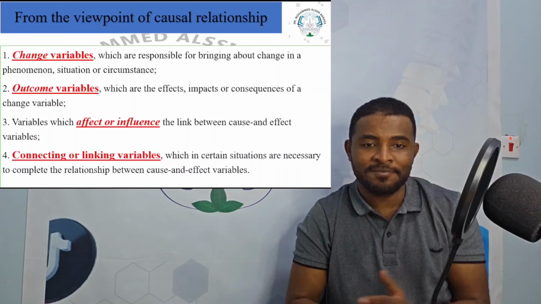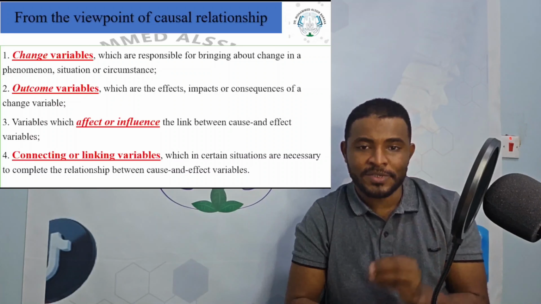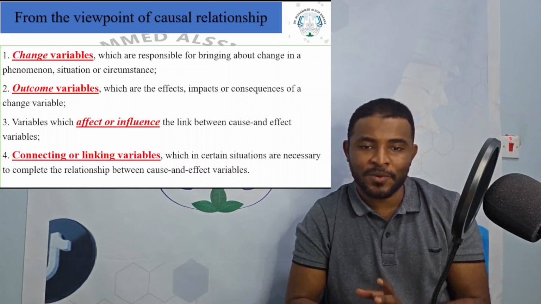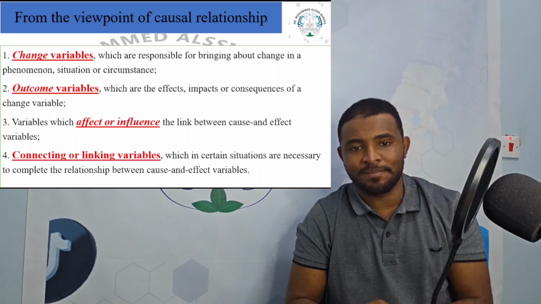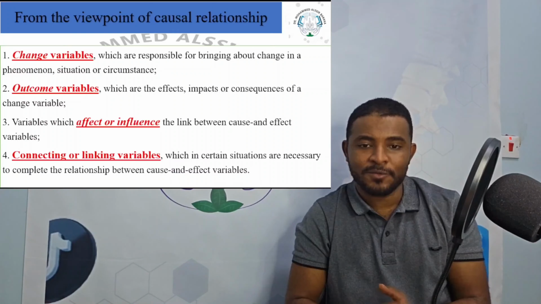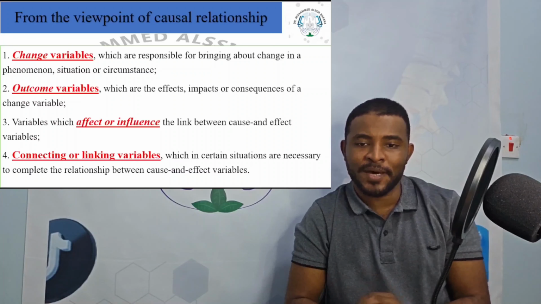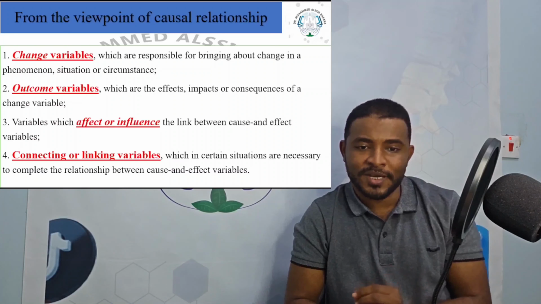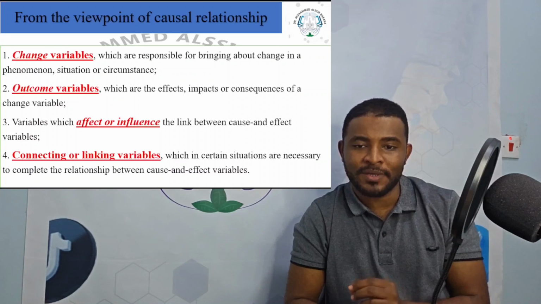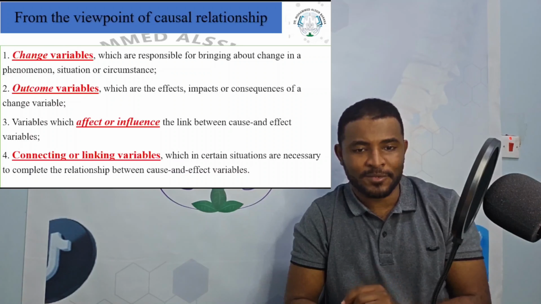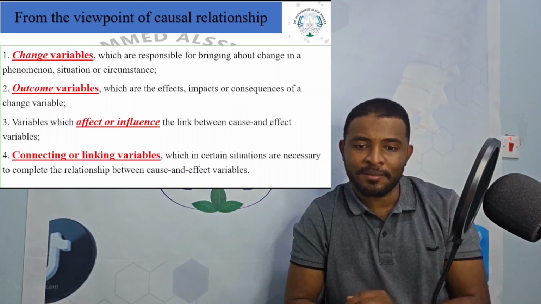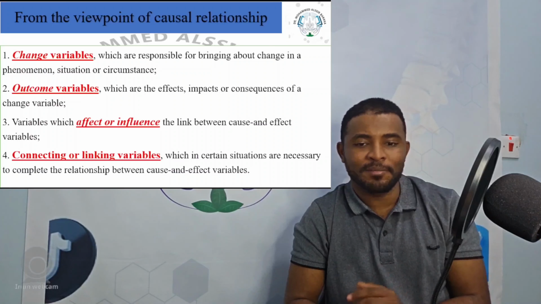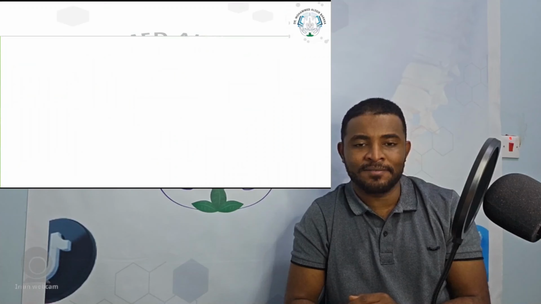The change variables are responsible for bringing about change in a phenomenon, situation, or circumstance. The outcome variables are the effects, impacts, or consequences of change variables. Some variables affect or influence the link between cause and effect variables. Connecting or linking variables, in certain situations, are necessary to complete the relationship between cause and effect variables.